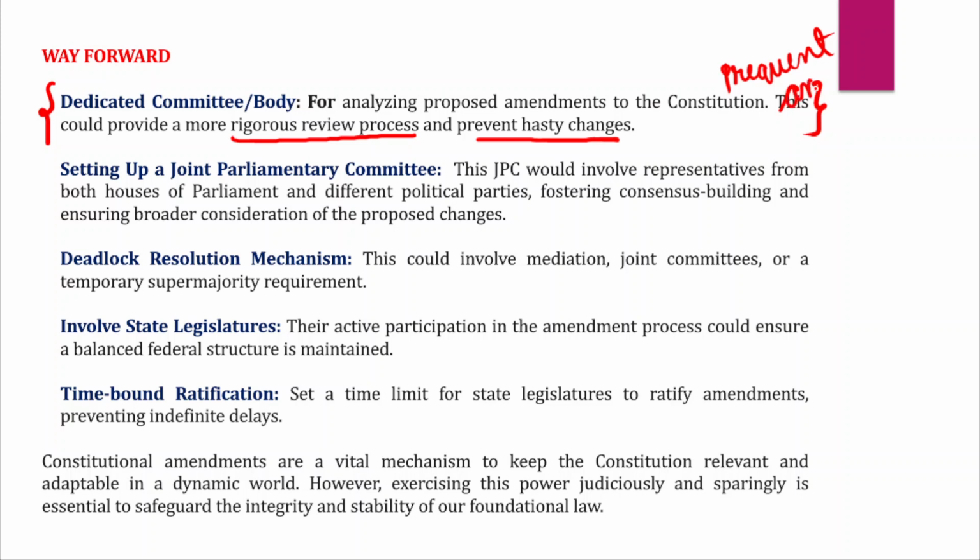Frequent amendments in fact destroy the basic character of the Indian constitution. So we need to set up a dedicated body or a committee for this particular purpose. And similarly, a joint parliamentary committee consisting of members from both houses of the parliament should involve representatives from the political parties.